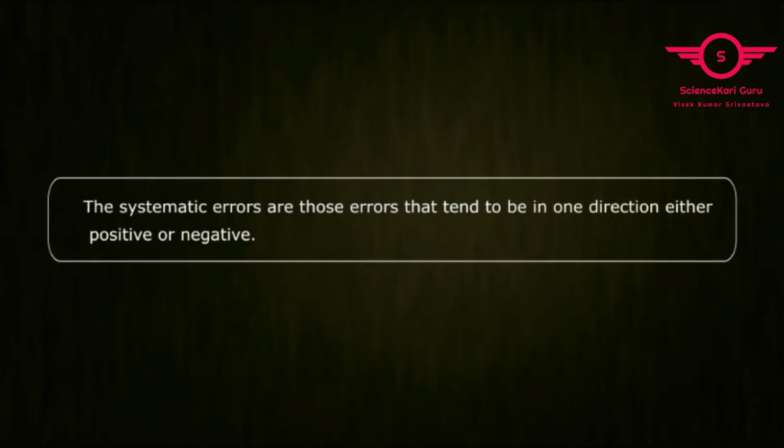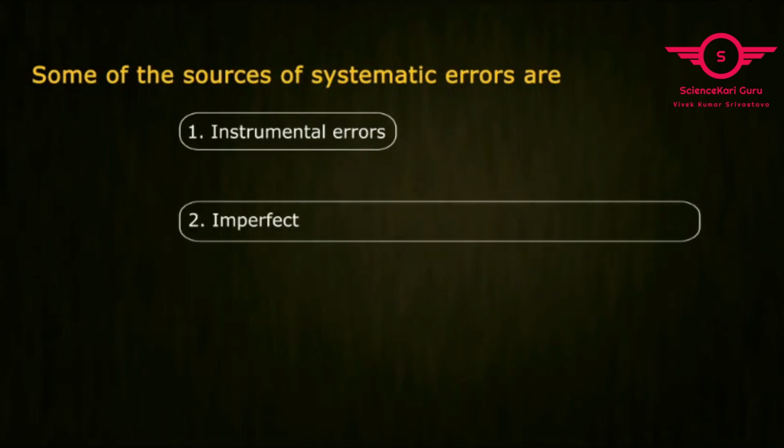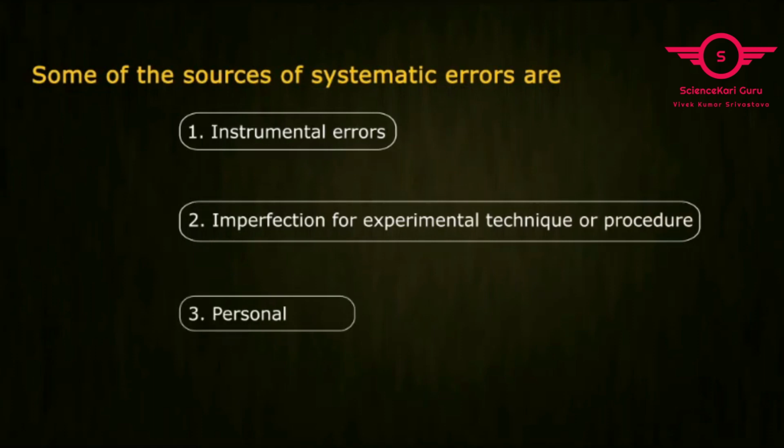Systematic errors. Systematic errors are those errors that tend to be in one direction, either positive or negative. Some of the sources of systematic errors are: 1. Instrumental errors, 2. Imperfection in experimental technique or procedure, and 3. Personal errors. Instrumental errors.